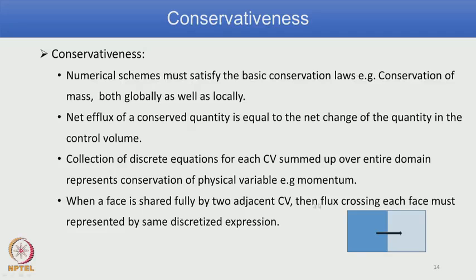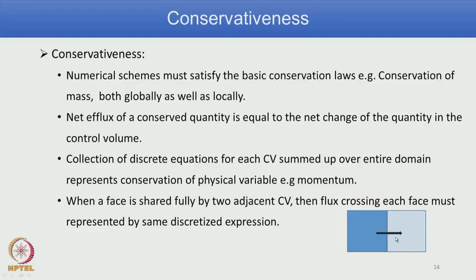So, sketch-wise, this is a simplified control volume, and whatever is going out, this control surface is shared fully by two adjacent volumes, and whatever is going out is equally represented by whatever is coming in here. So, the discretized form of this leaving must be the same as the discretized form of what is entering the next control volume.